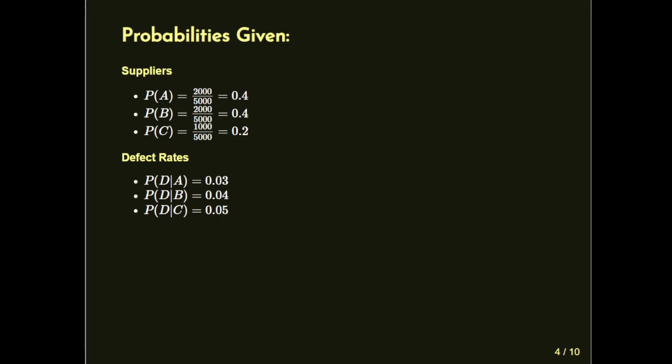Okay. Now the defect rates. What is the probability of a randomly selected component being defective given that it comes from supplier A? That is 0.03. Likewise, the probability of a randomly selected component being defective given that it comes from supplier B is 0.04. And probability of D given C, defective given the supplier is C, is 0.05.